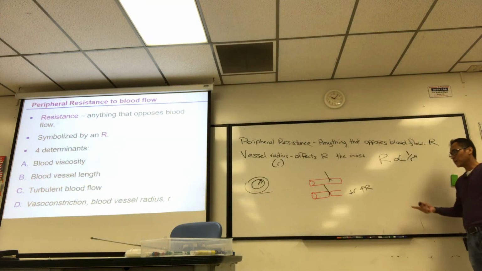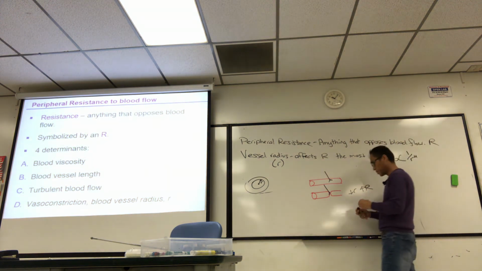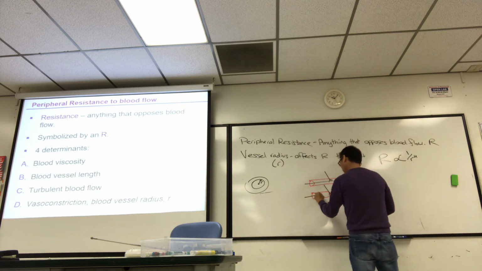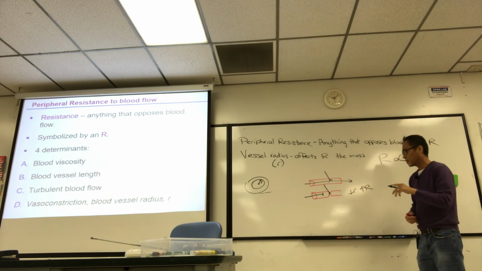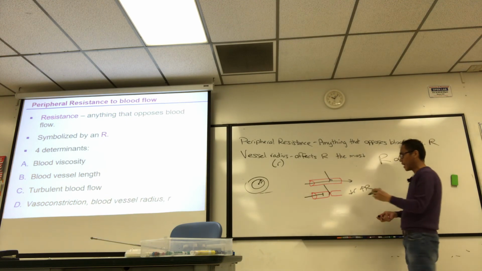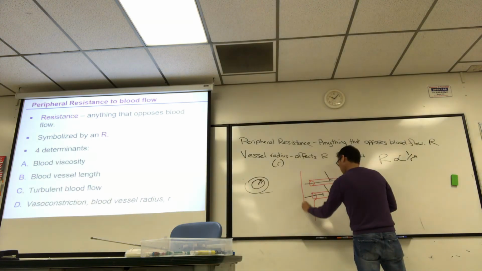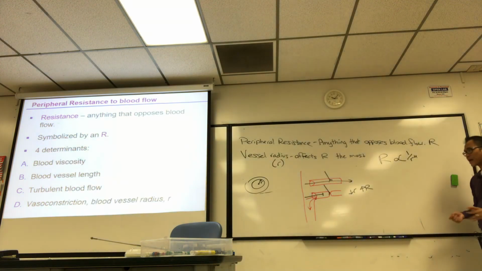Okay. Think about this: this is a part of an entire circulatory system. So blood can flow through here, but at that point it kind of stops. So then what happens to the blood? It stays in the larger arteries. It's not getting out.